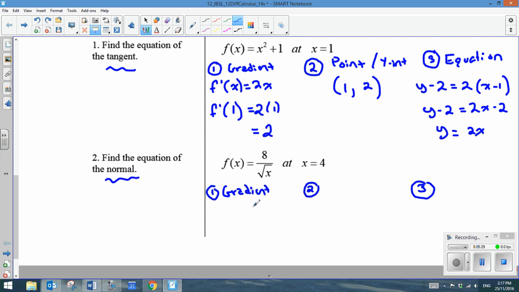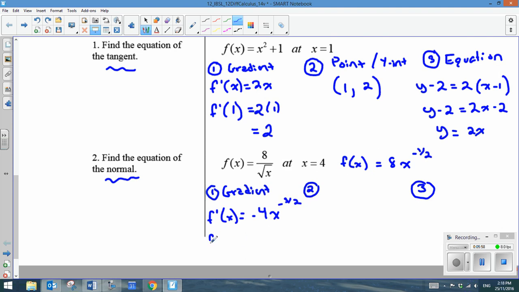And already I want to rewrite this a bit before I start. So f(x) is equal to, I'm going to rewrite this as 8 times x to the negative 1/2. That way I don't have to think about using the quotient rule. I can just use the chain rule here. So for this one, my gradient is going to be, let's see, I'll wind up with negative 4x to the negative 3/2.